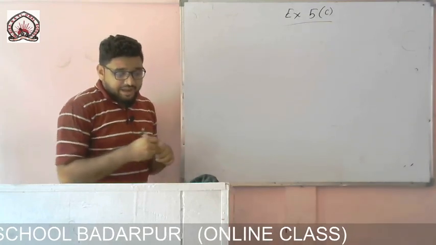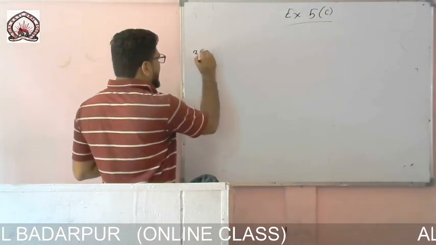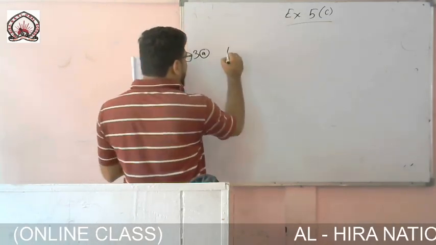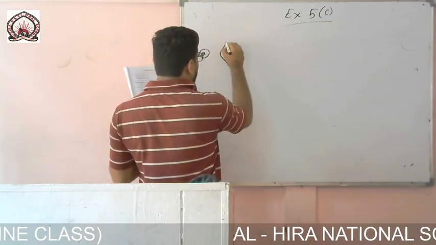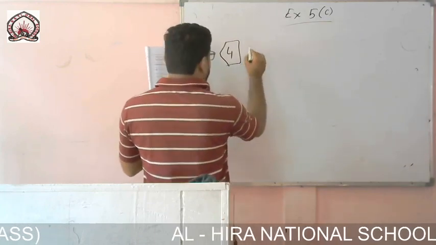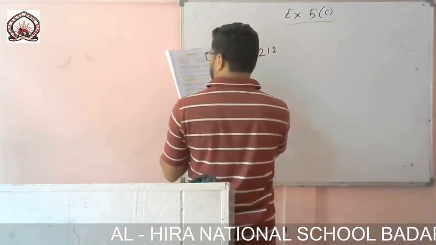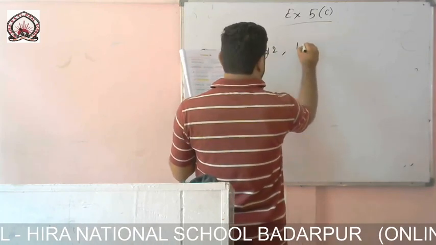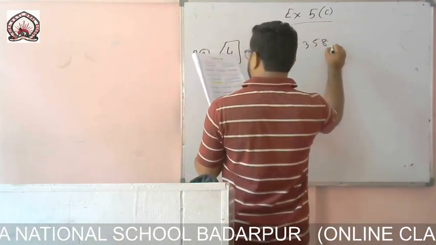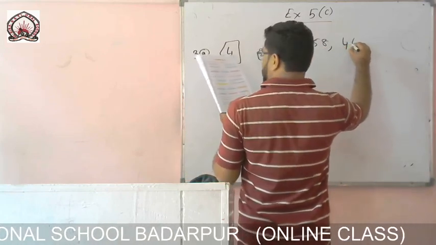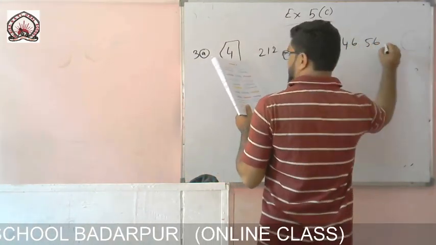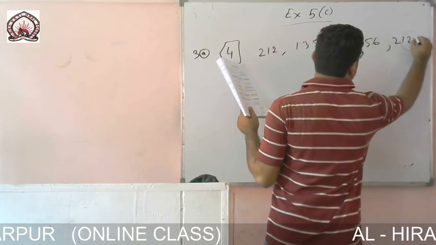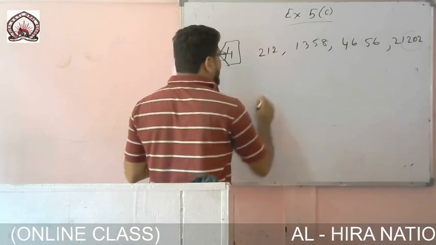So 3a, we have to check by 4. The numbers are 212, 1358, 4656, and 2102.